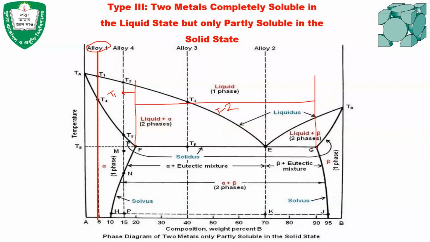Similarly, from this composition to this composition, this is the type 1 diagram. So the type 3 diagram is basically the combination of type 2 and type 1.